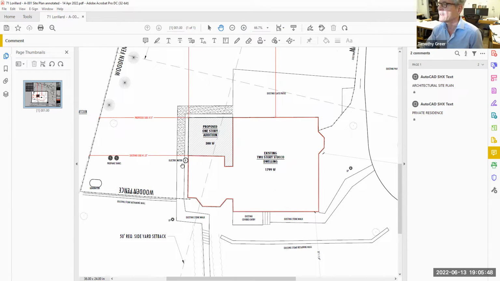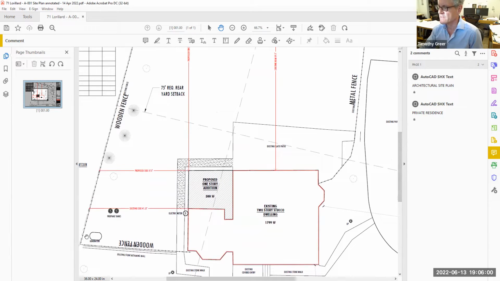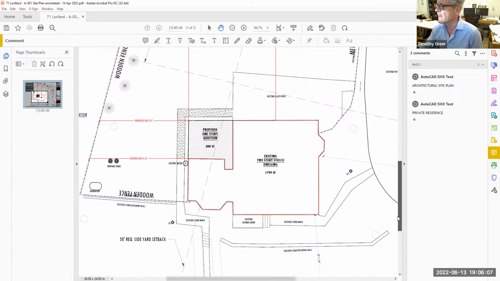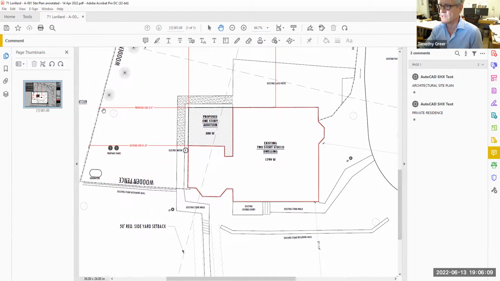It extends the north property line further to the east, and the east property line further to the north. The distances to the north and east property lines are shown on this drawing. And then we can show you what it looks like in elevation. It's a two-story house, and this is a one-story addition.